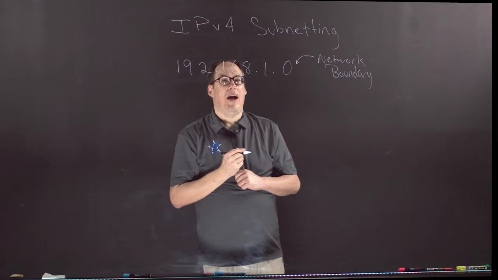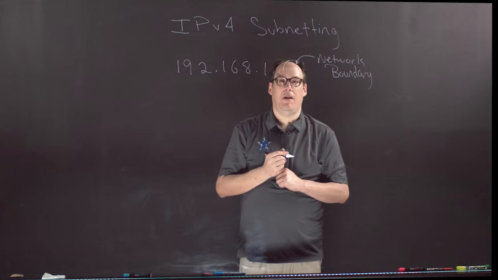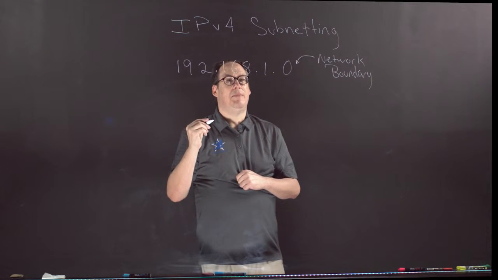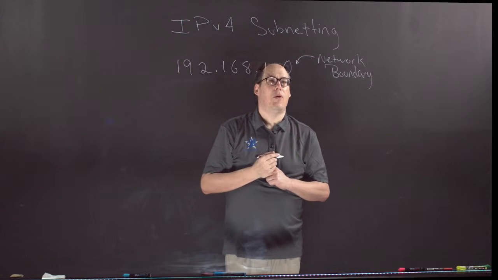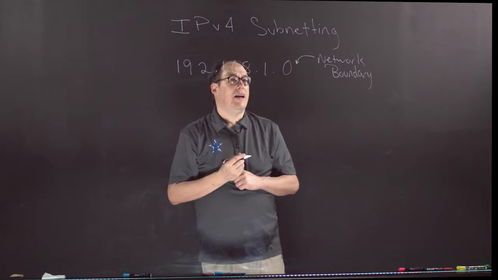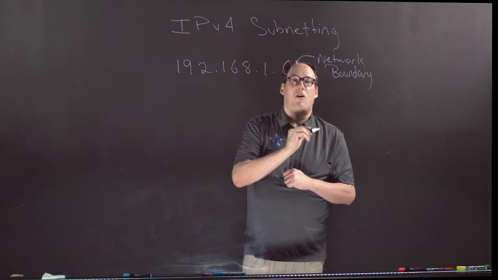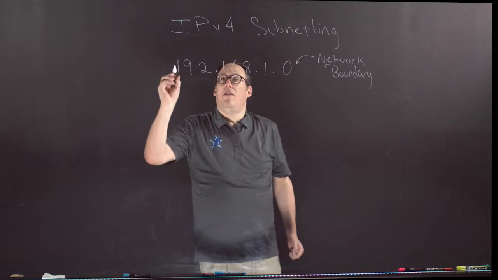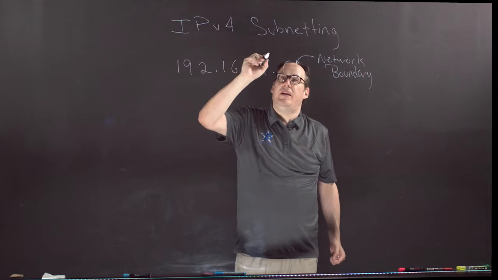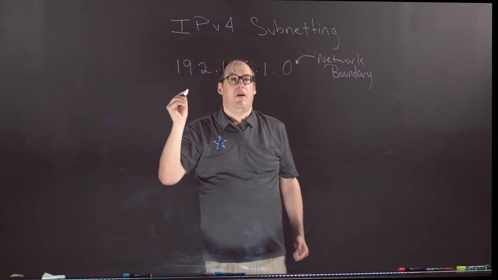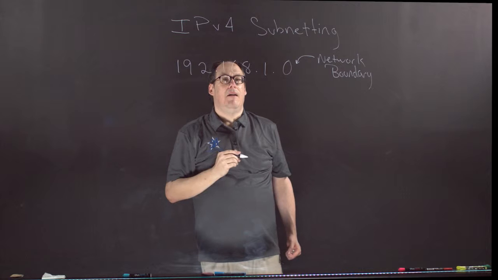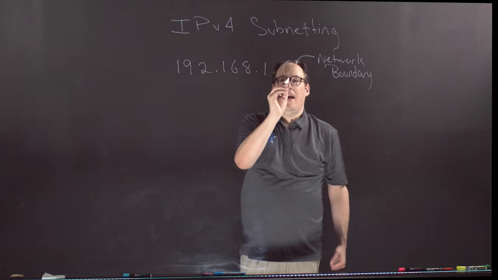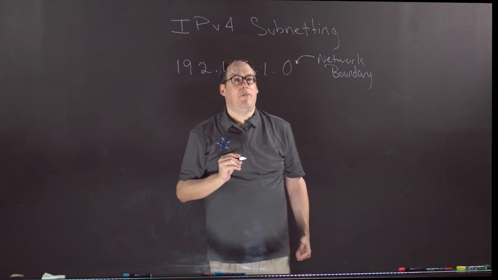So if we were going to define this network, in terms of speaking about it, we would say it's a /24 network in this case. And I do that arbitrarily. I defined that it was a /24, meaning that all 3 of these octets are set and noted as the network portion of the address, and the host is that last portion.